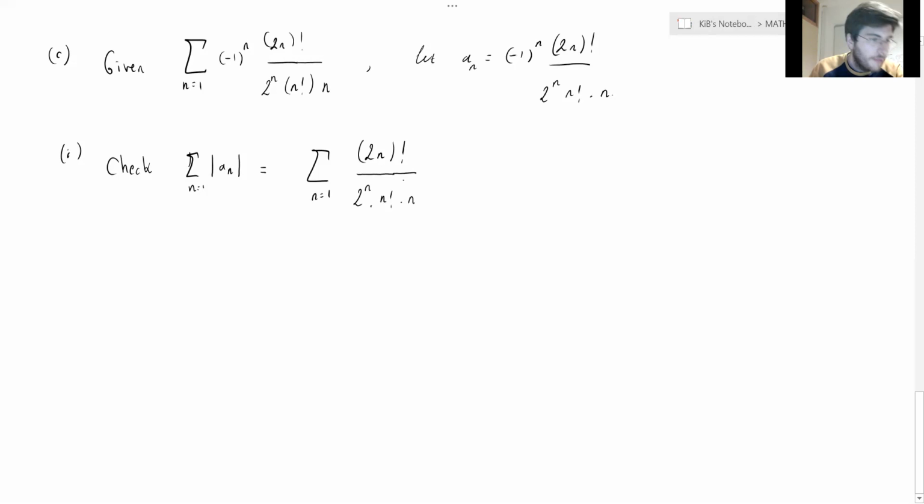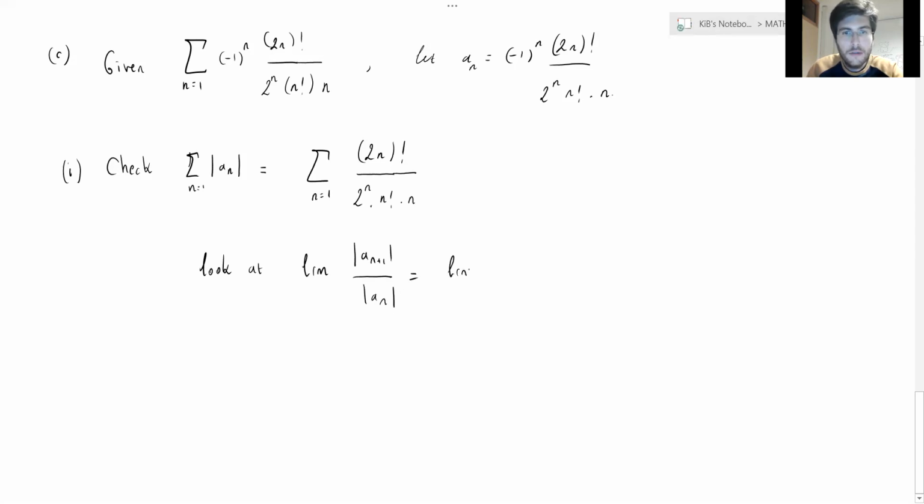This is our series. And if you have something like this, you can use, if you remember, what is it? The ratio test, right? And now just look at the following ratio, the limit of absolute value a_{n+1} divided by absolute value a_n.